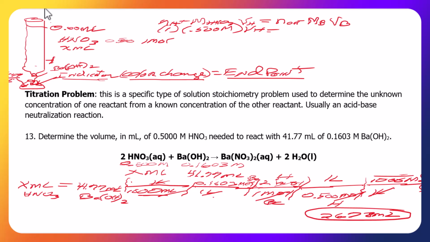Now I look at the barium hydroxide. Once again, here's barium hydroxide. And every 1 mole of barium hydroxide has 2 moles of hydroxide. And remember, this is the net ionic equation for every strong acid, every strong base reaction.